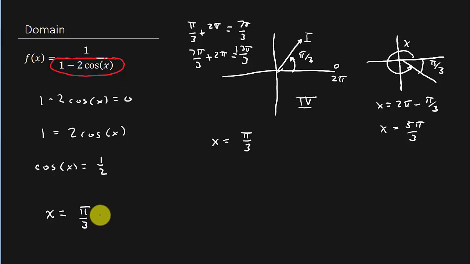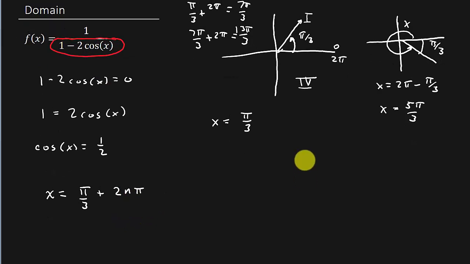And so we would put plus, all right, so we're going to add 2 pi an infinite number of times, so we say 2n pi. All right, and then that would be the same reasoning for the 5 pi over 3. x equals 5 pi over 3 plus 2n pi, where n is any.